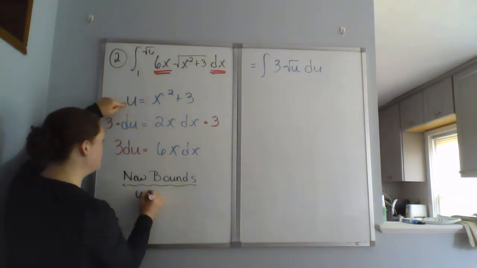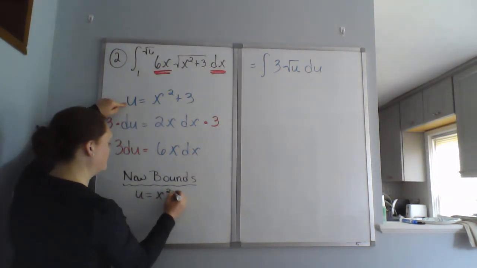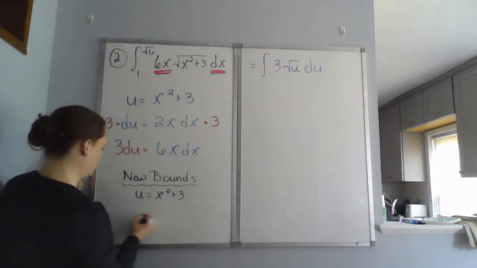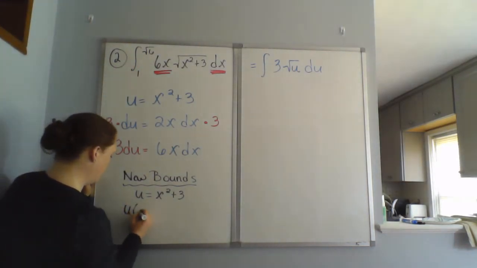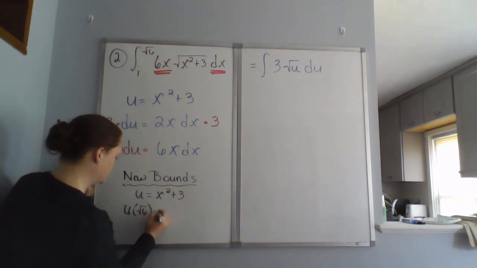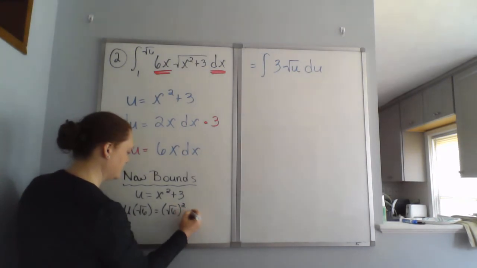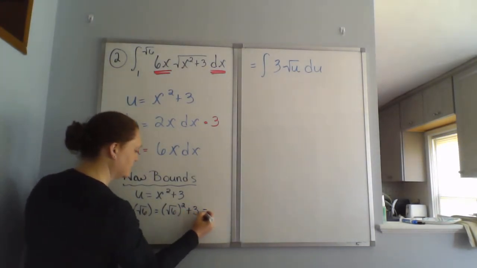So keep in mind u is equal to x squared plus 3. Now our upper bound is the square root of 6. So if I do u of the square root of 6, that would be the square root of 6 squared plus 3, which is really just 6 plus 3 is 9.